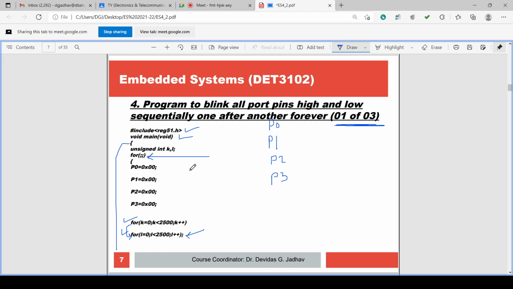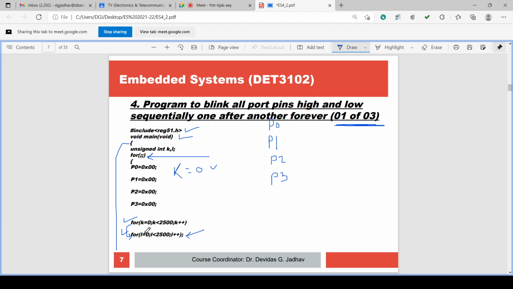For k equal to 0, it is checked: k is less than 2500. Yes, it is true. Increment k. And along with this k, the next instruction is executed. That is the for loop.